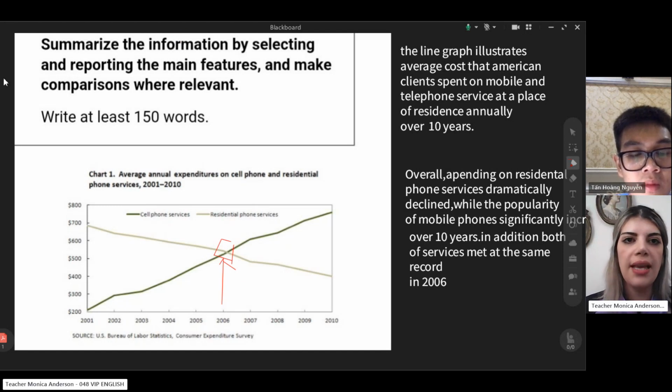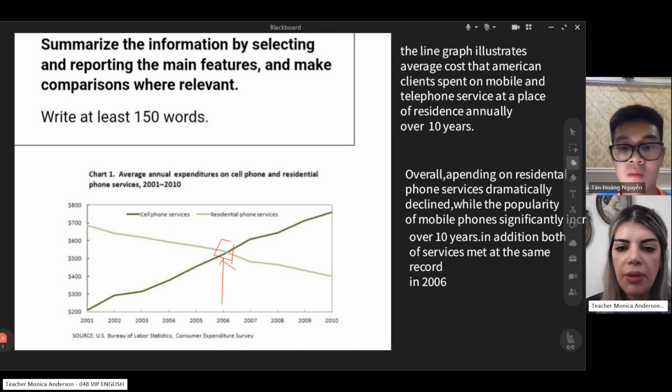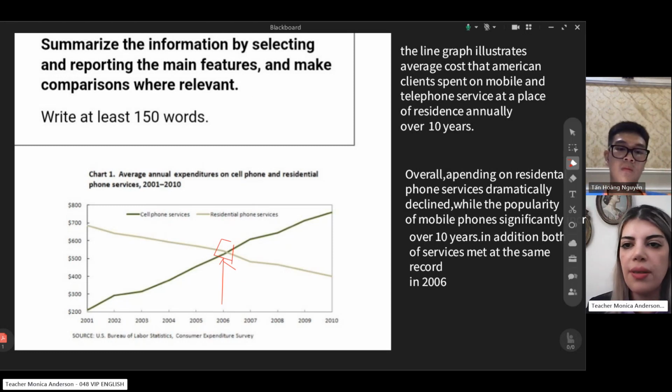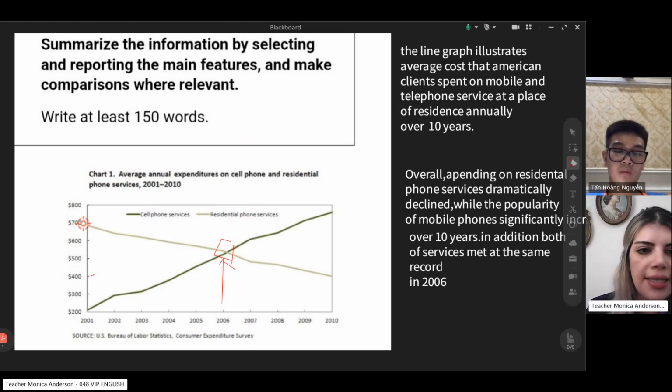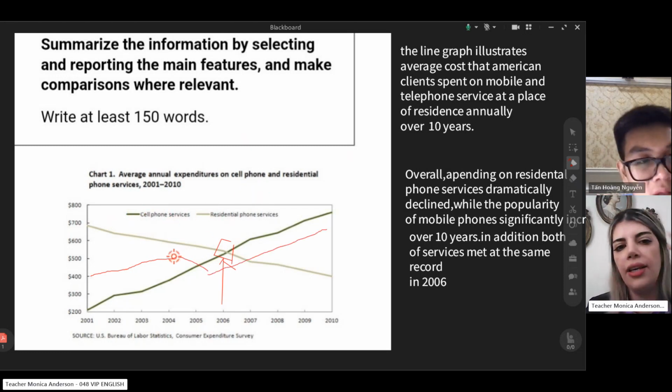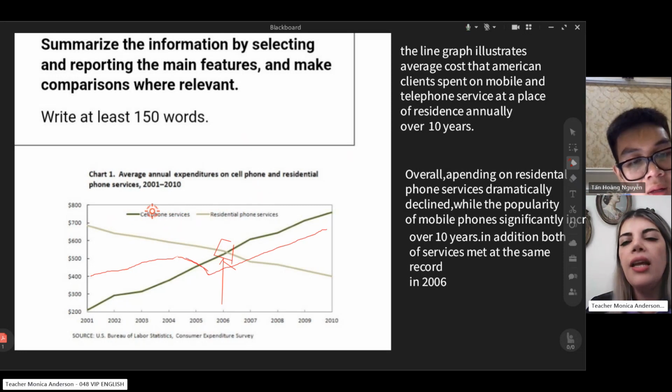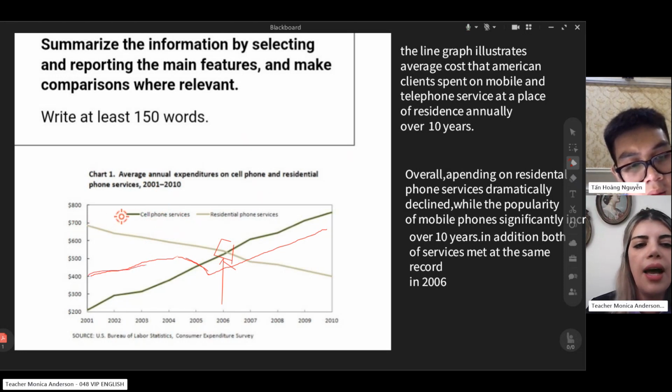Just if you have more than 2, for example, let me draw something. For example, I have another line like this. Now, I need to compare these 3. For example, I talked about the first one and the second one.